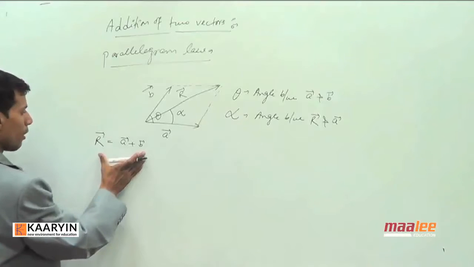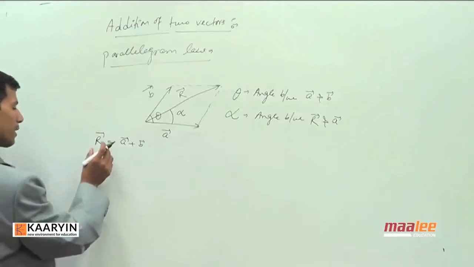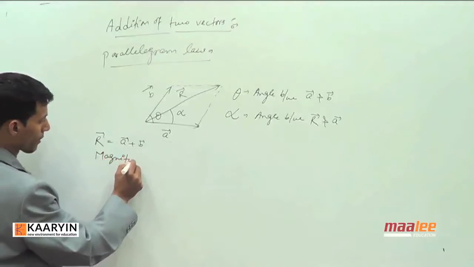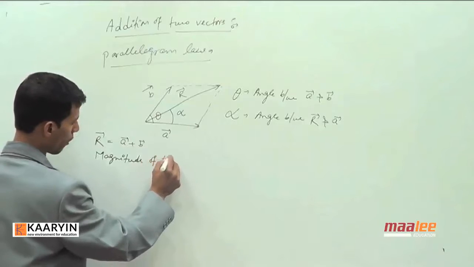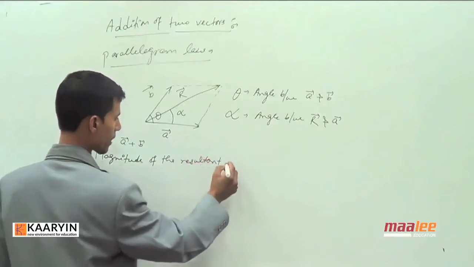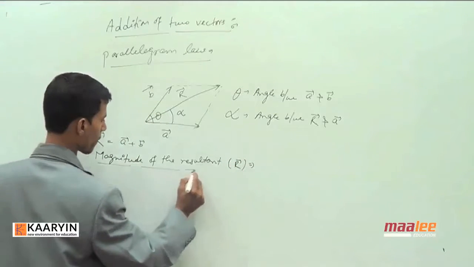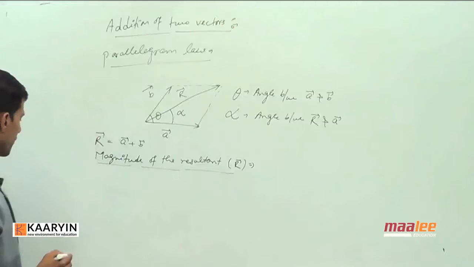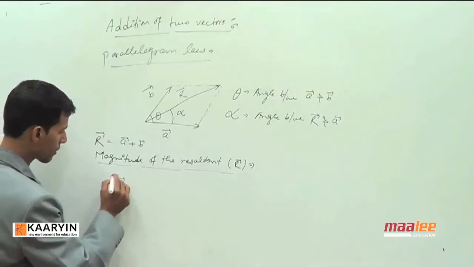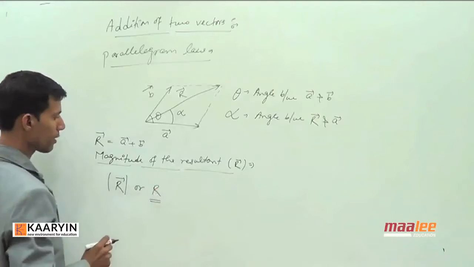The formula of the magnitude of the resultant, that is my R, because if you remember, the magnitude of a vector is shown by the simple R like this, and it is easy for us.